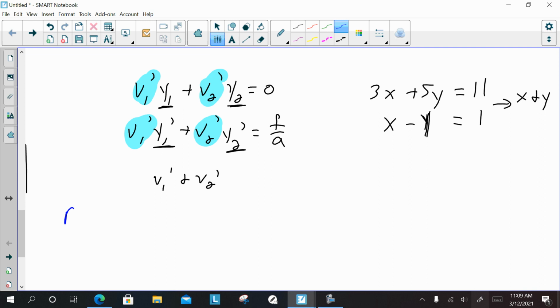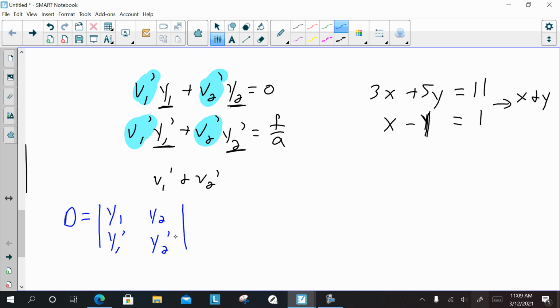So we need to write 3 determinants. We need to write one determinant that lists the coefficients on the left side. If the things we're looking for are the v1 prime and the v2 prime, then our coefficients are y1, y1 prime, y2, and y2 prime.